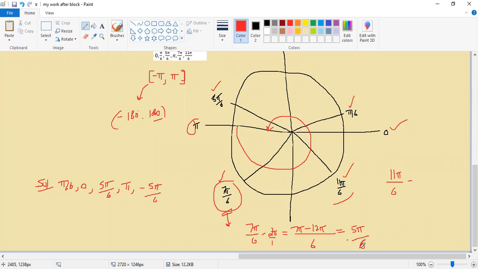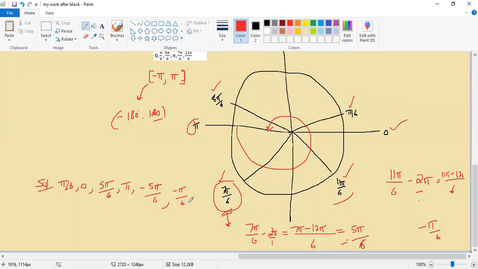Negative 5 pi over 6 falls between our interval because it's negative 150, and negative 150 does in fact fall on this interval. But with 11 pi over 6, we subtract 2 pi, we'll get 6 as the denominator, and then we'll get 11 pi minus 12 pi, which is just negative pi over 6. So negative pi over 6 is also a solution.